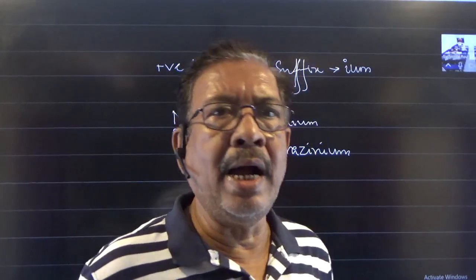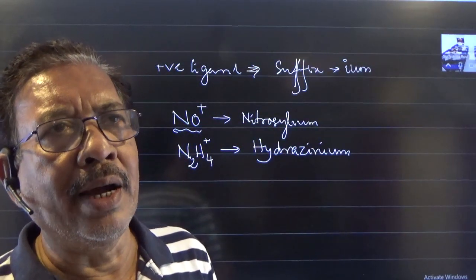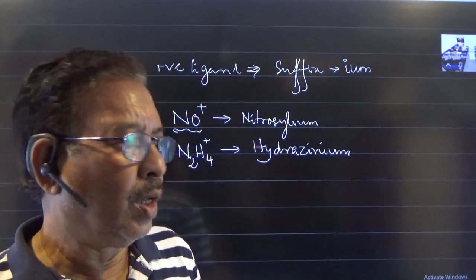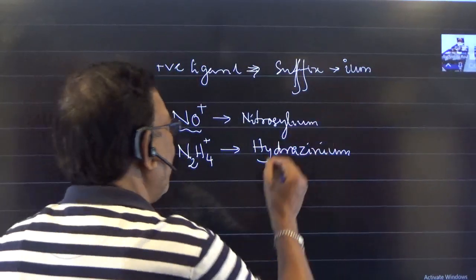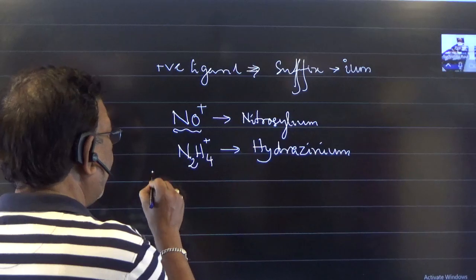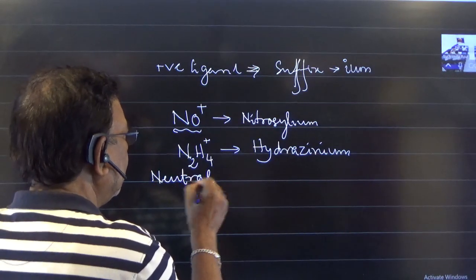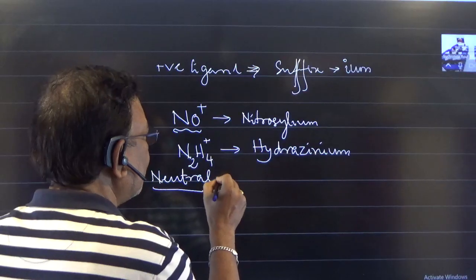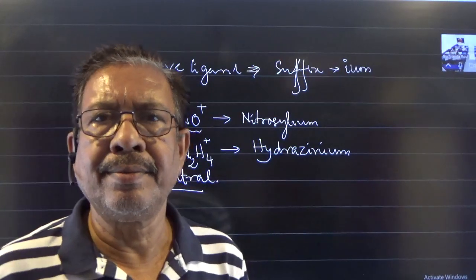Are you clear? Hydrogenium, nitrosylium, hydronium, ammonium, all positive ligands are with the suffix IUM. Now come to neutral.